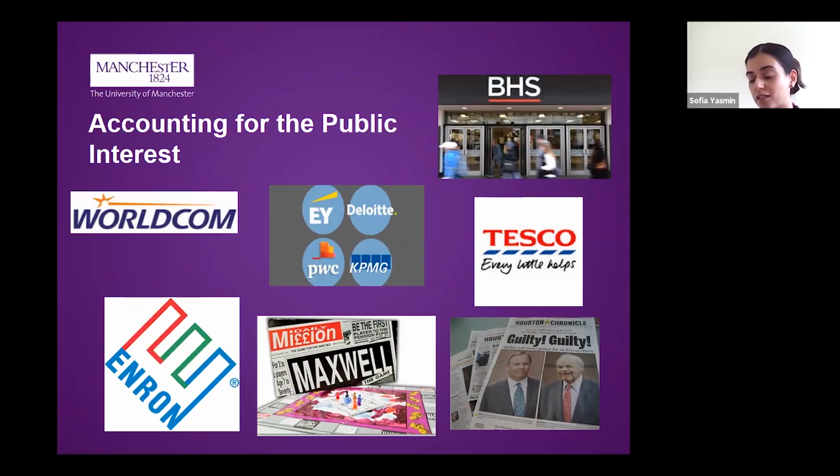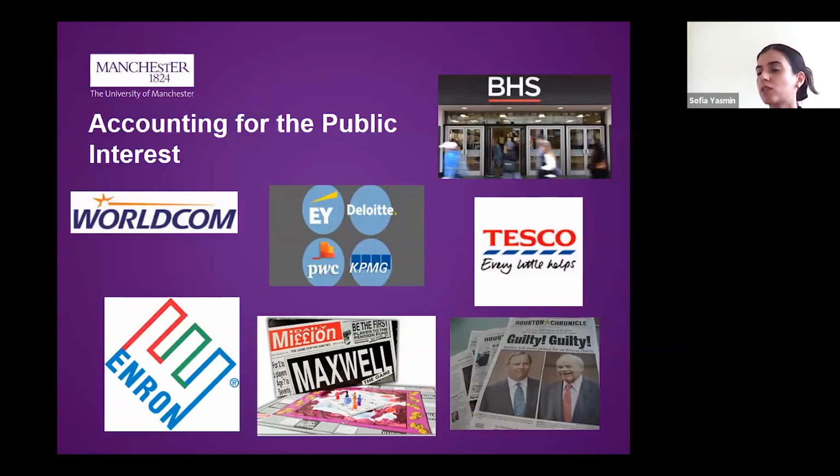And all of these have, in one way or another, been linked to the top 4, top 5, or top 6, whatever they were at that time, accounting firms: Ernst & Young, PwC, KPMG, Deloitte. If you've heard of Arthur Andersen, it was a big auditing firm which existed a couple of decades ago that was linked to the Enron scandal.